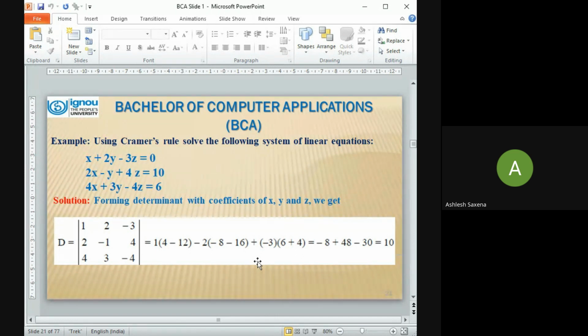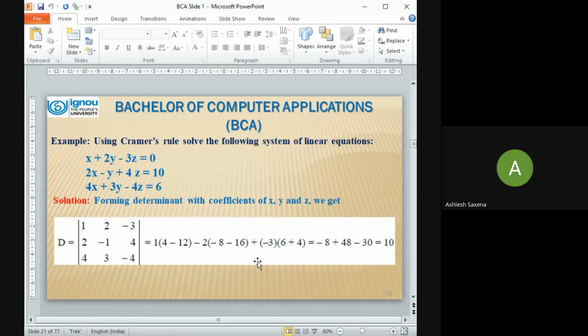I hope you people are doing it. The solution is written in front of you. Just let me know where the problem is. 1 into minus 1 into minus 4 is 4. 4 minus 4 into 3 is 12.